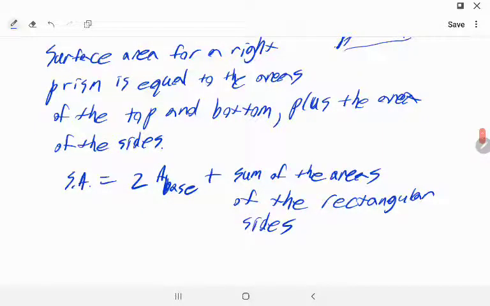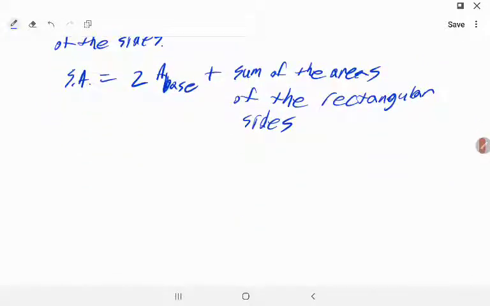So sometimes this is easier, sometimes this is harder. Suppose we have a triangle that was 3 by 4 by 6, and the prism is over here.